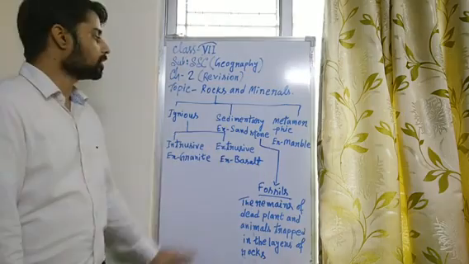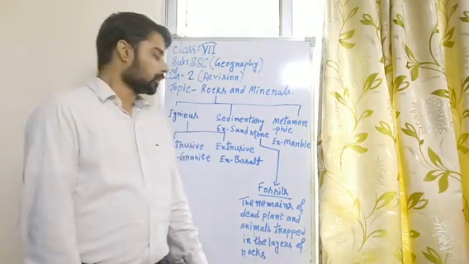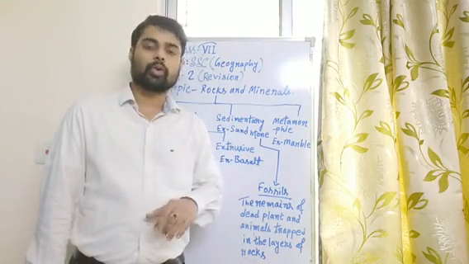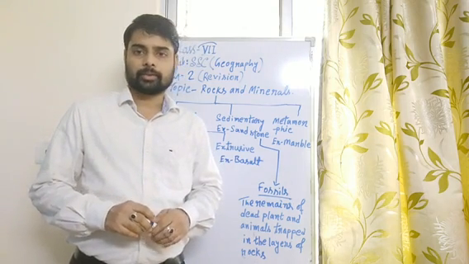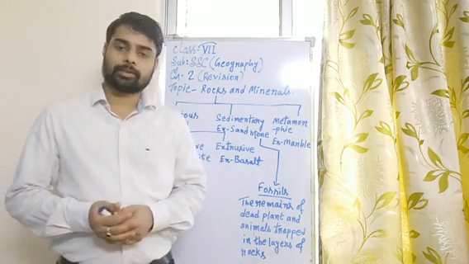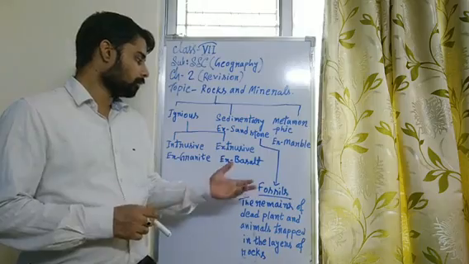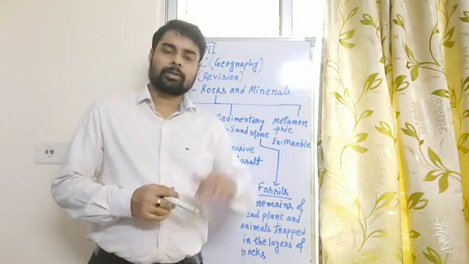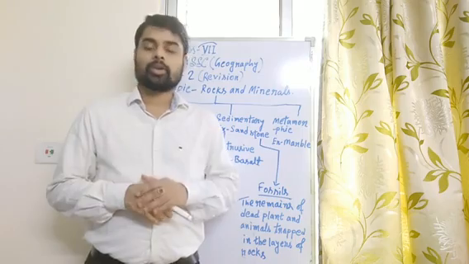Now we are going to discuss the next type of rock, sedimentary rock. What is sedimentary rock? When intrusive and extrusive igneous rocks are eroded over a course of time by wind, rivers, animals or glaciers, they are deposited in another region, layer by layer.